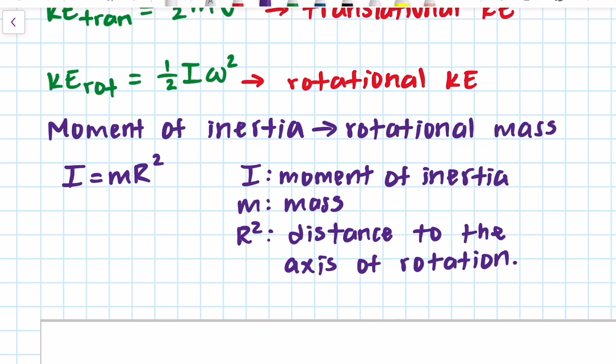So if you double the distance, you would quadruple the moment of inertia. Whereas if you double the mass, you would just double the moment of inertia. Okay? So distance has a greater impact when talking about moment of inertia.